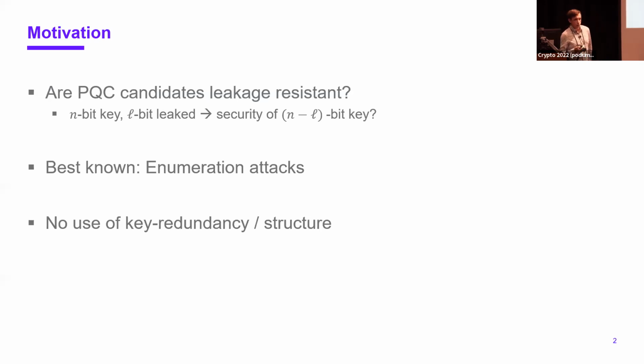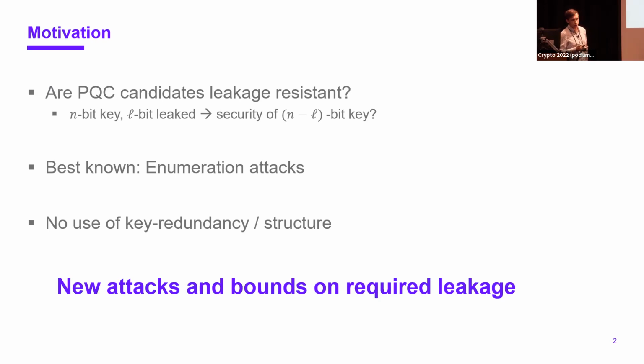Because the best known attacks so far simply enumerate missing bits, and this strongly supports the leakage resistance belief. These attacks do not exploit any key redundancy, key structure, or relations between the public and the secret key. In this work, we give new attacks, which actually heavily exploit those things. And using these new attacks, we derive bounds on the required leakage to recover the full key.